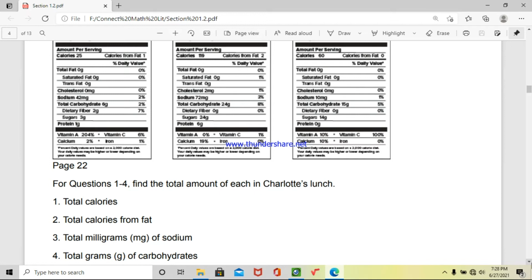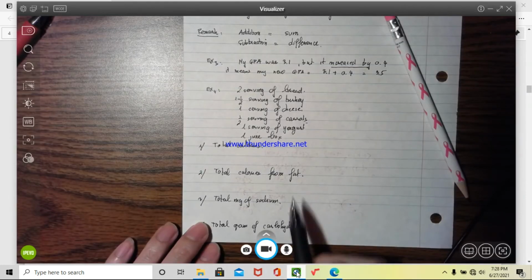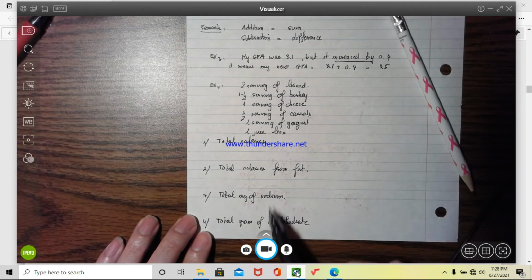And the last one is total gram of carbohydrate. So I just write out all 4 questions here.